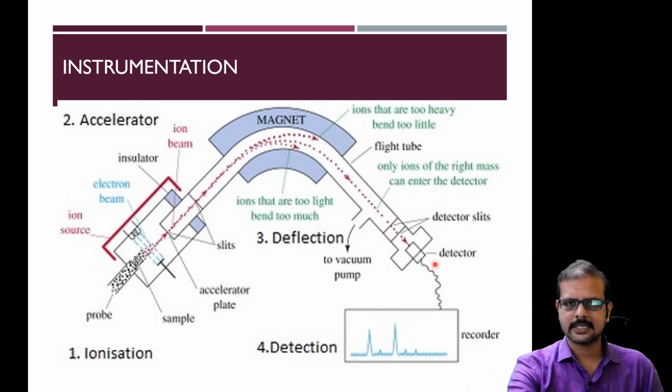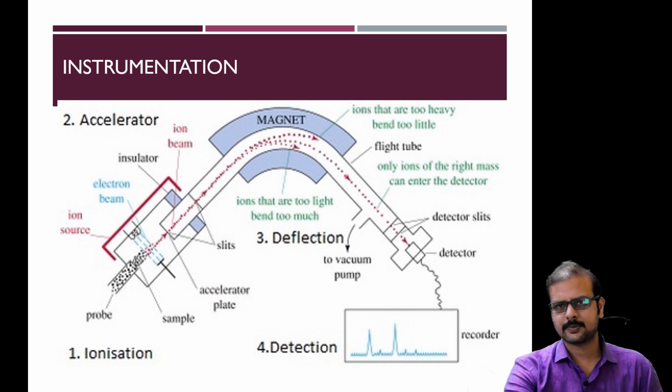The detector will sense the mass of the molecular ion and record it as a spectrum. This is what is going on in a mass spectrometer. So we will see in detail each and every part of the mass spectrometer.